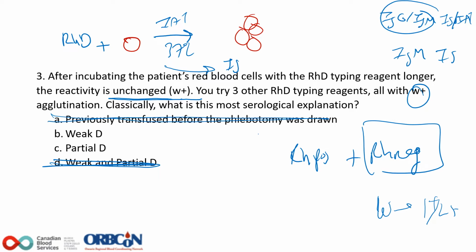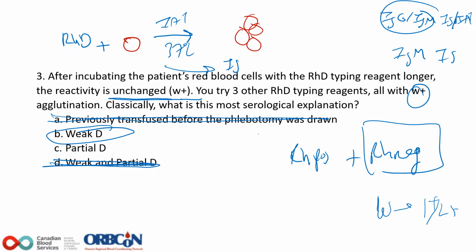Now we have two options, weak and partial D. And in the next slide, I'll talk about how you should think about them serologically and molecularly in terms of the way they express their protein. But for the sake of the answer, the answer really is going to be weak D, and I'll show you why in a moment.